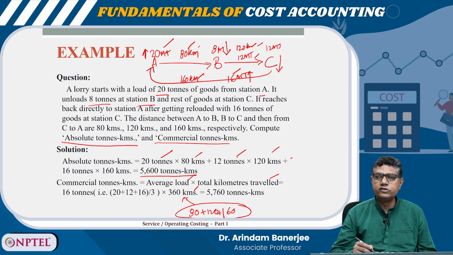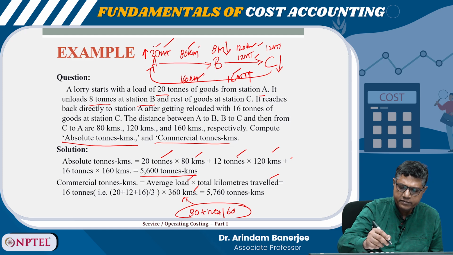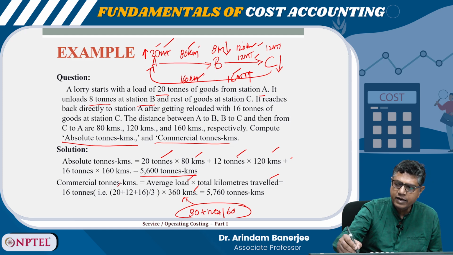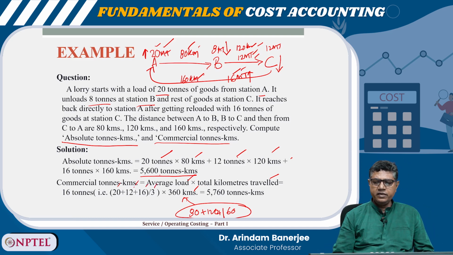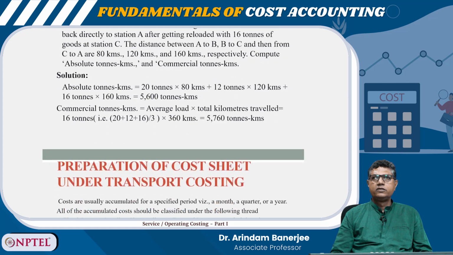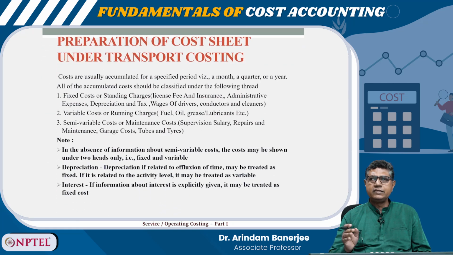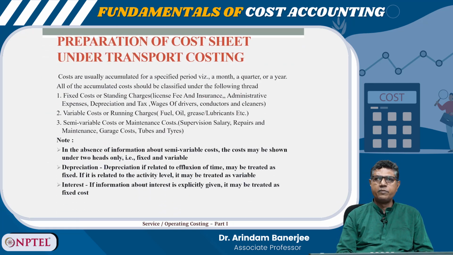And what is the average load? Average load is 20 plus 12 plus 16 divided by 3. If you compute this, then the commercial ton kilometers is coming at 5760 ton kilometers, fine, okay. So, this was the example of a transport company to how to calculate the cost rates.